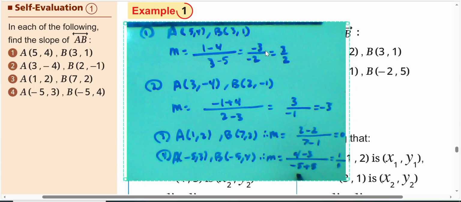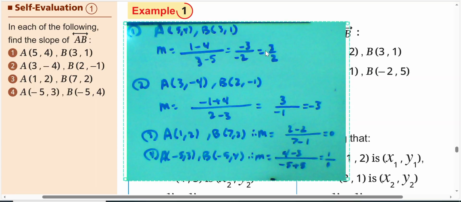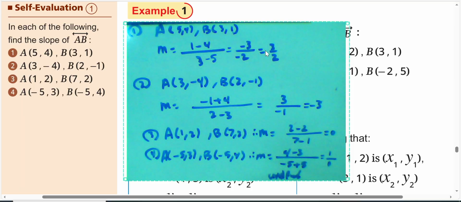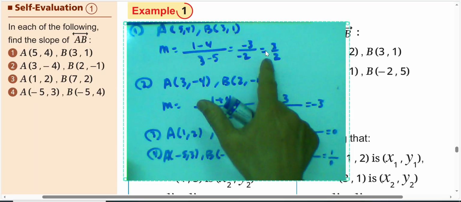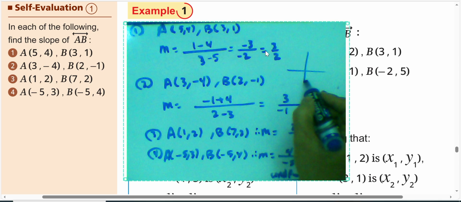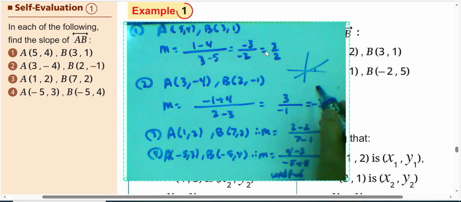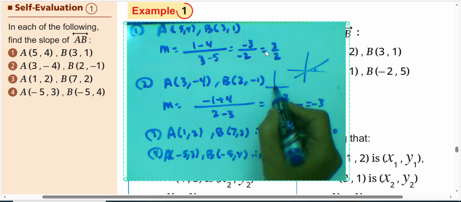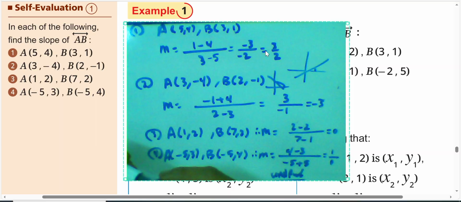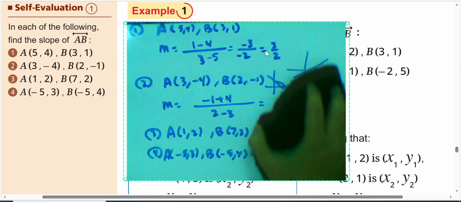Then the slope here is undefined. The slope will be undefined. And when the slope equals 0, it means the straight line is parallel to the x-axis. When the slope is positive, it means the line creates an acute angle with the x-axis, and when the slope is negative, it means it creates an obtuse angle with the x-axis.